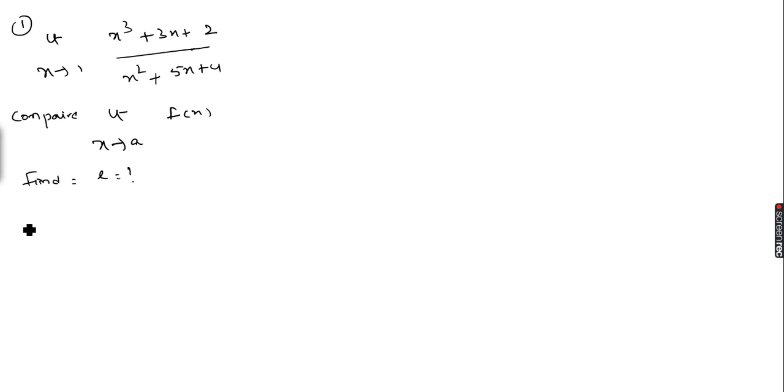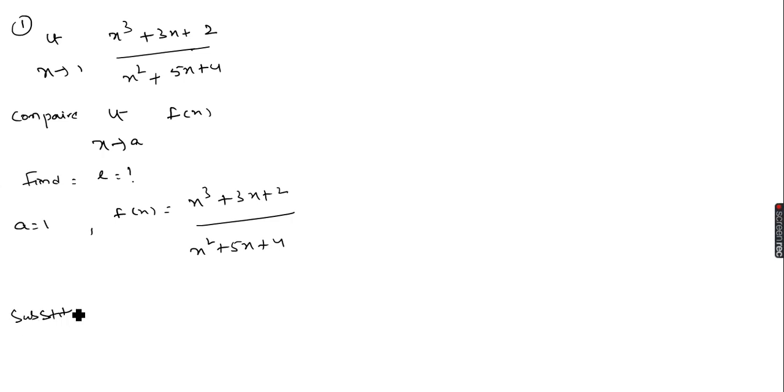Here a is nothing but 1 and f of x is nothing but x cubed plus 3x plus 2 by x square plus 5x plus 4. What is the main procedure? The main procedure is just we substitute x is equal to a, that is 1. So that is f of a, that is equal to f of 1.